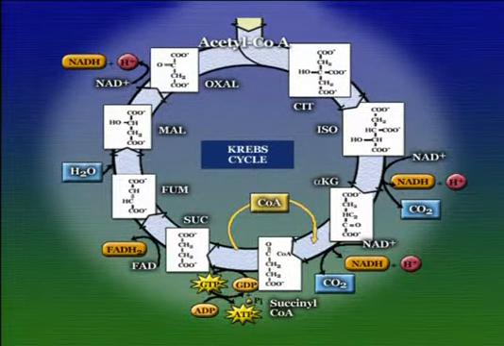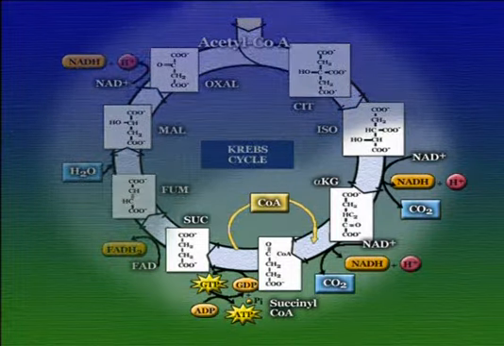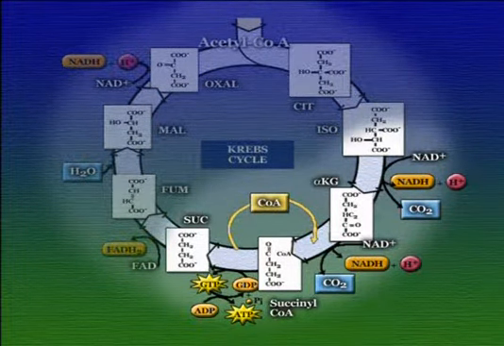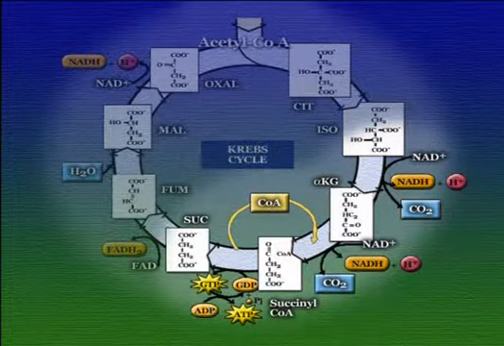In other words, we have a 6-carbon citrate after this reaction, but as the reactions continue through the 8 steps and cycle back around to oxaloacetate, we end up with a 4-carbon molecule. So along the way, 2 carbons are lost somehow, and those 2 carbons are lost, as I said, in the form of carbon dioxide.